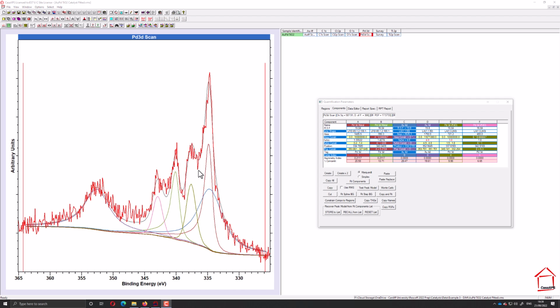So okay, I've now pasted in the models that we created for the metal nanoparticles. You can see the line shape is what we derived previously, and I've also put in 2 peaks for the palladium oxide. Now again, these can be modelled from a bulk palladium oxide material.